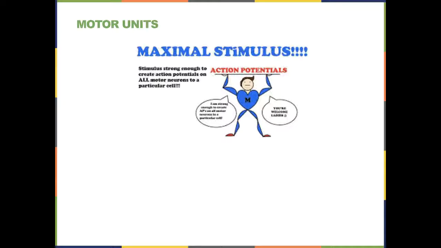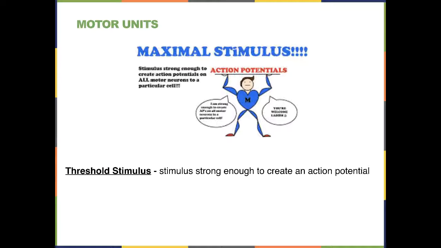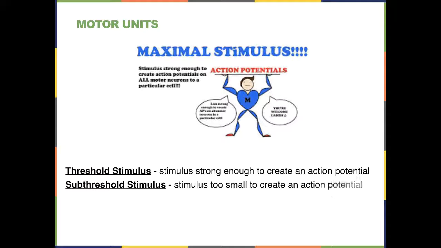There are various stimuli that can act upon motor units. A threshold stimulus is a stimulus that is strong enough to create an action potential in the axon and thus an action potential in the muscle cells associated with that axon. A sub-threshold stimulus is a stimulus that is not large enough to create an action potential in the motor unit.